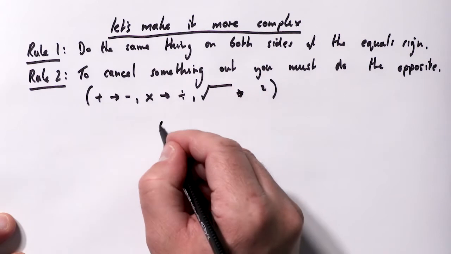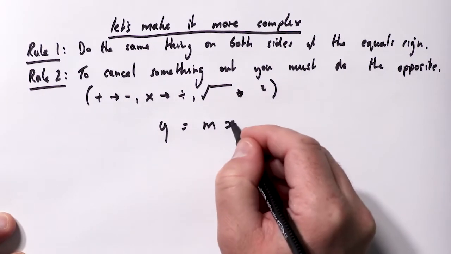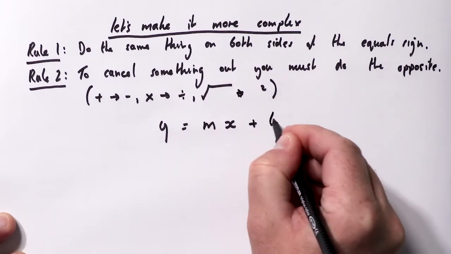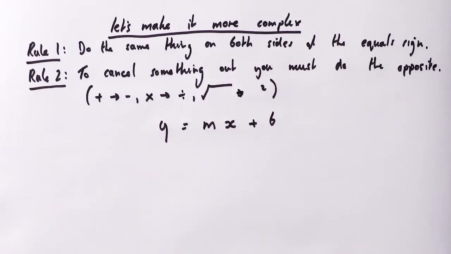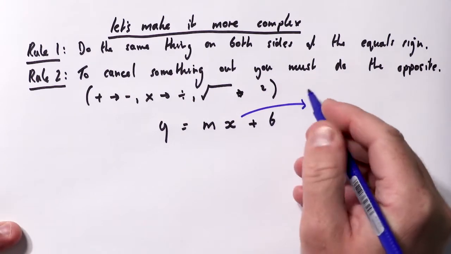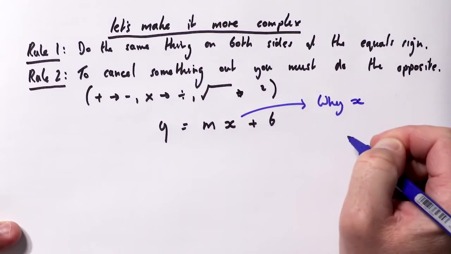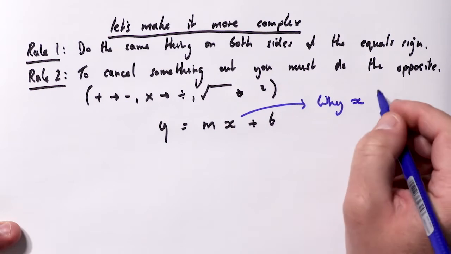This time we're going to have y equals mx plus b. I'm just going to take a moment to explain why I've drawn my x in that way. Because some people will be thinking, why have I drawn it like that, as two curves? This comes up quite regularly.